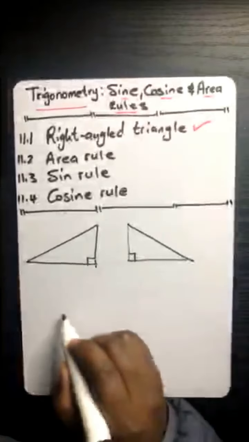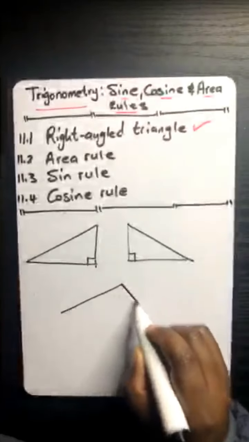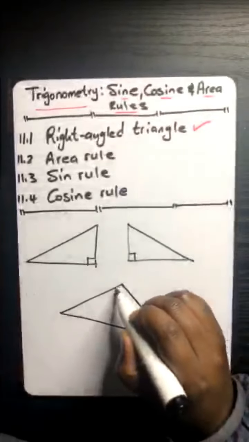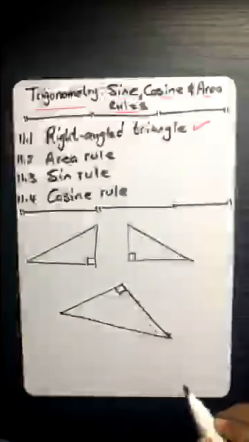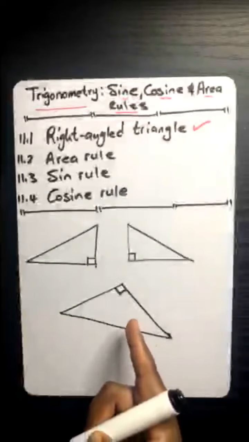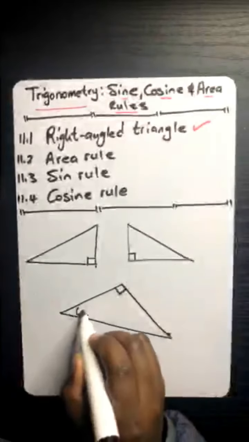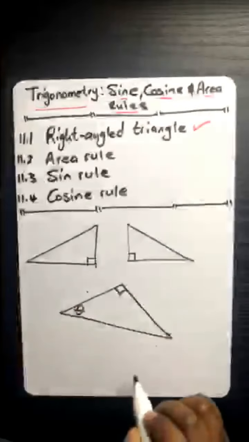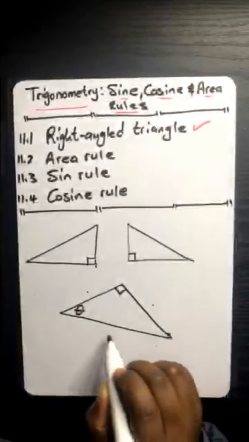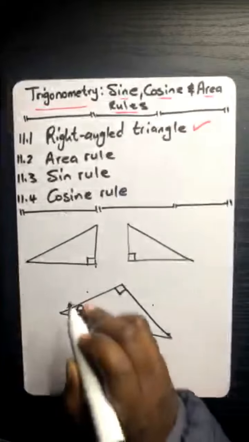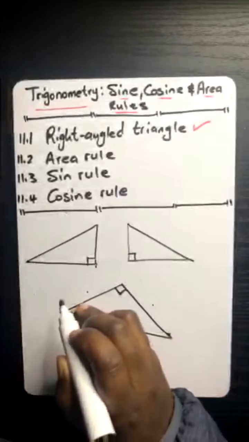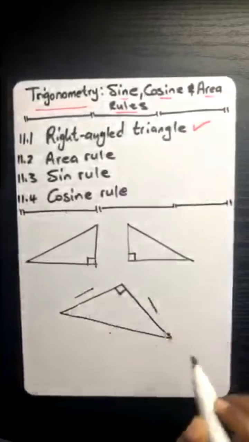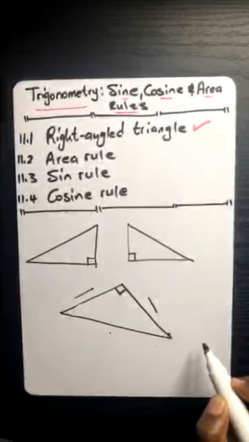Again, the examiner can try to spice things up and draw something similar to that. And then if they do this, then you know this is a right-angled triangle because of that. The moment they put an angle there, it means this is your adjacent, this is your opposite, this is your hypotenuse. But if they don't give you that angle, you cannot tell which side between these two is adjacent and which one is hypotenuse.